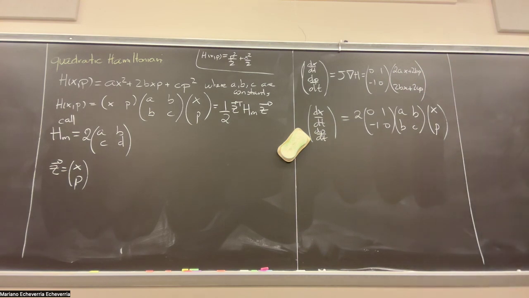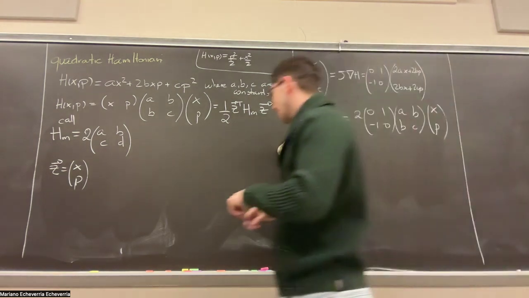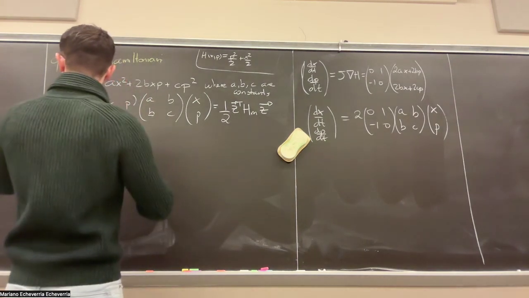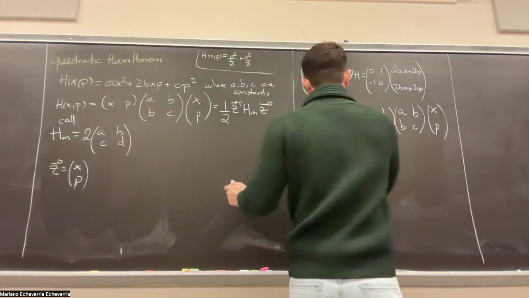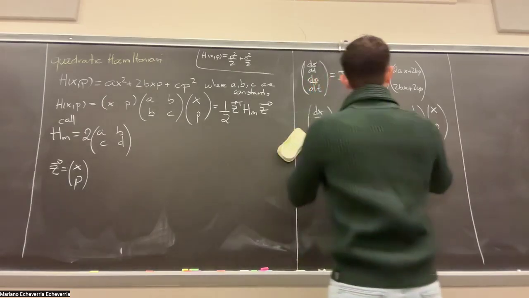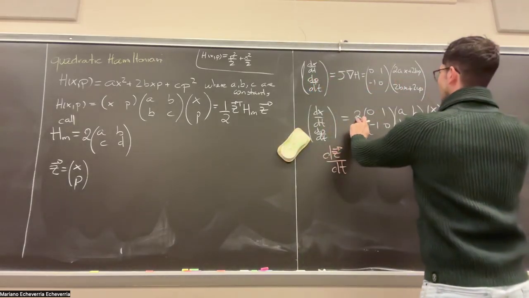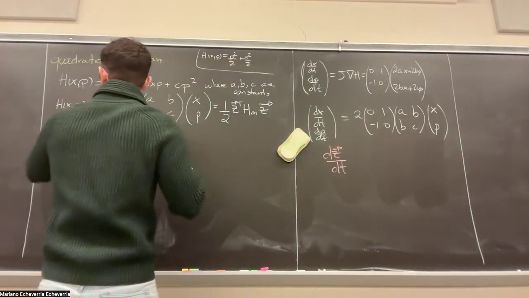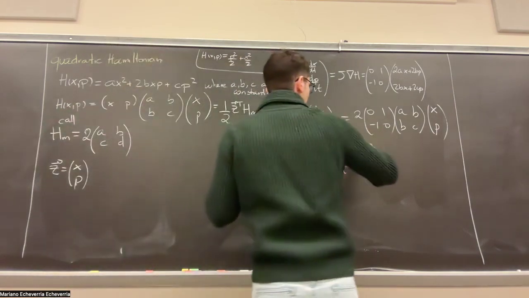So as a system of equations, Hamilton's equations just become this. That's why it's convenient to define the matrix with the two, because then I can reabsorb the two into the matrix.